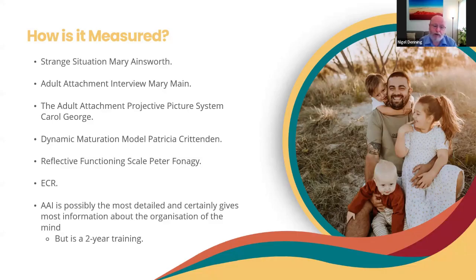Peter Fonagy worked with Mary Main and came out of her research work, and he was particularly interested in something that Mary Main introduced into the AAI called metacognitive monitoring.